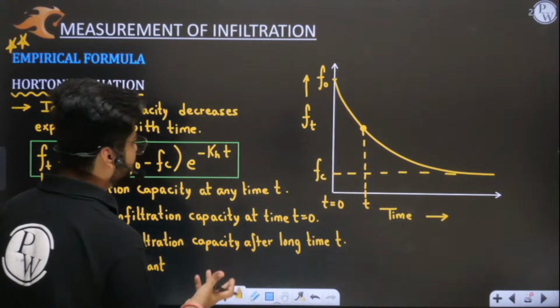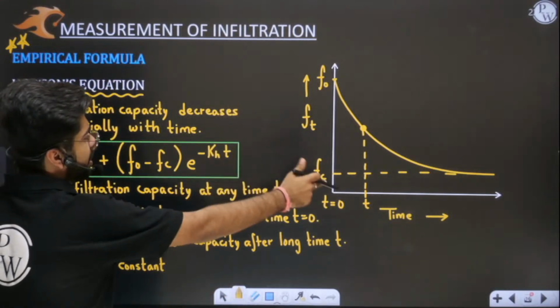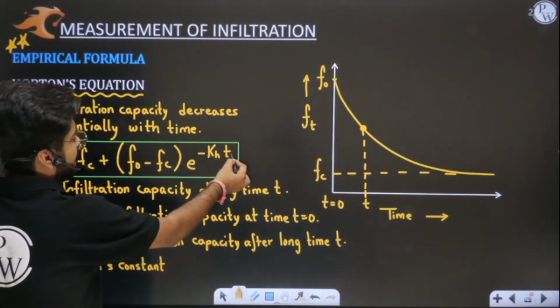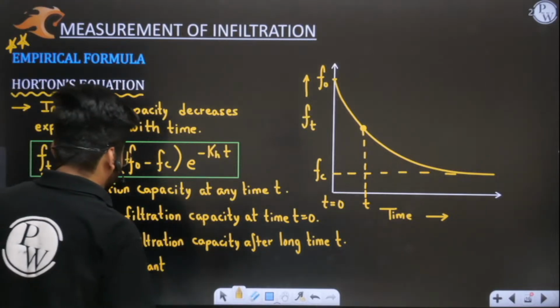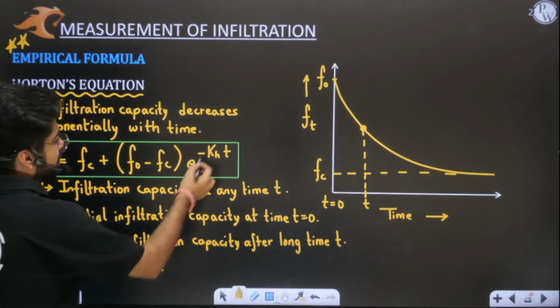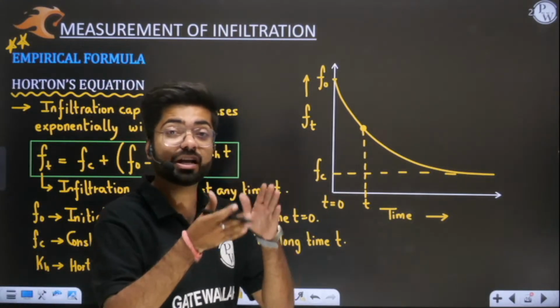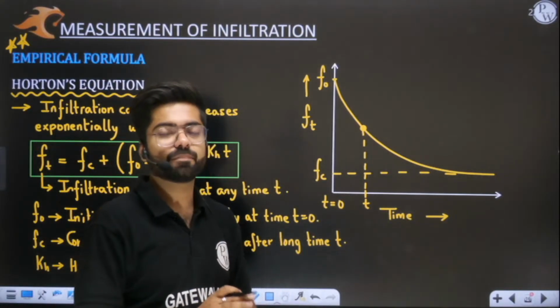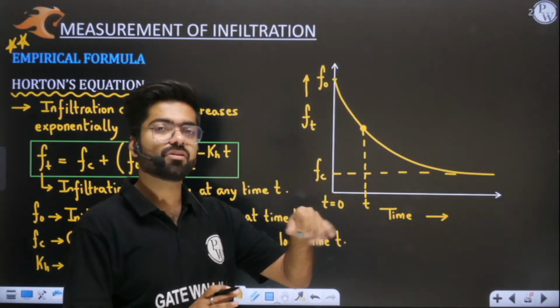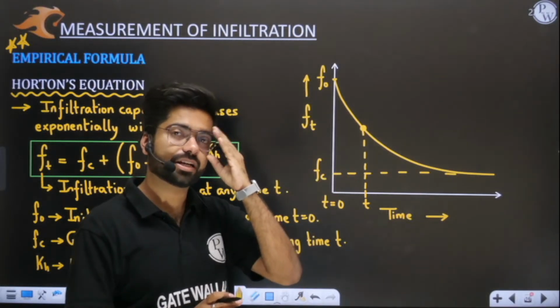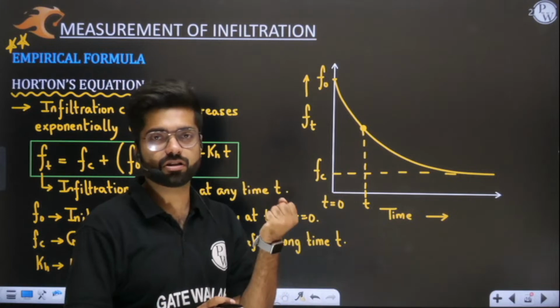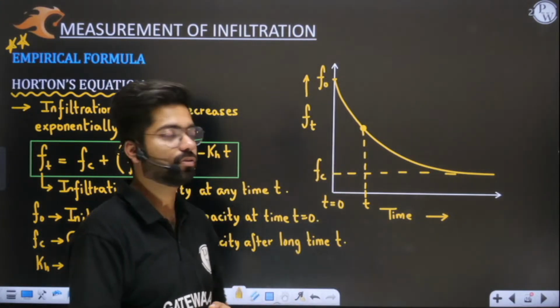Horton's constant, you need to understand. See this exponential part, e power minus something, e power minus 5t, 4t, whatever it may be, that is our constant here. And this constant depends on what kind of soil you have. Some soils obviously will draw more water, will absorb more moisture or water, yes or no?